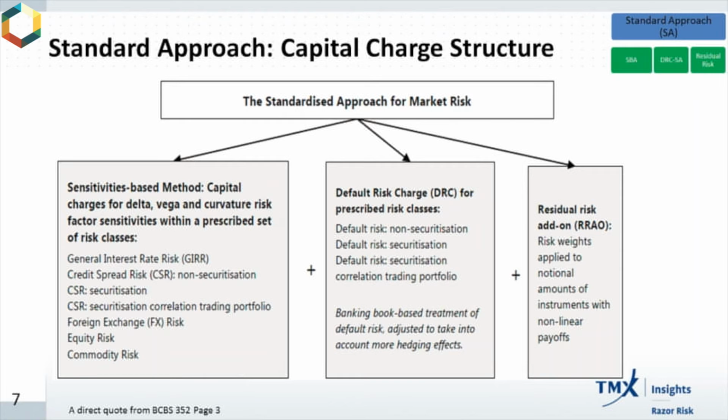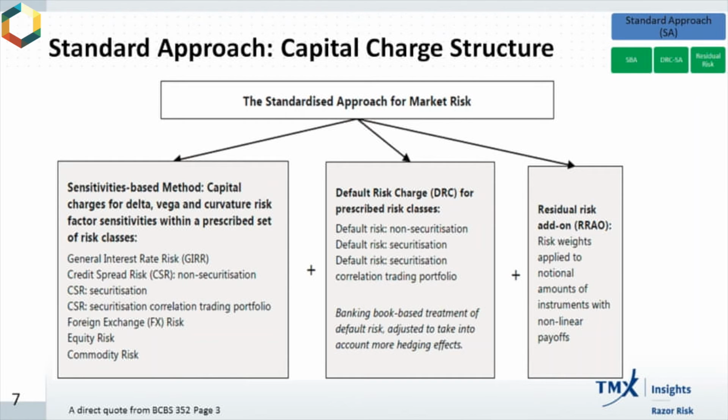And the other dimension is the 7 risk classes, which are general interest rate risk, credit spread risk, foreign exchange risk, equity risk, and commodity risk. Credit spread risk is further split into 3 components: non-securitization, securitization non-correlation trading portfolio, and securitization correlation trading portfolio. So altogether, they have 7 classes.